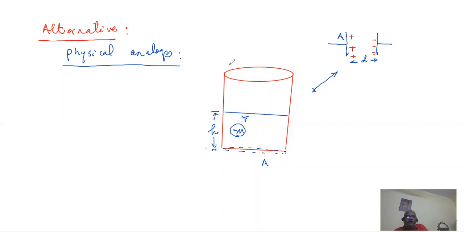Both are storers. The capacitance is epsilon 0 into A by D, or epsilon A by D, which depends upon whether there is a dielectric between the plates or not, and that doesn't matter in our case.